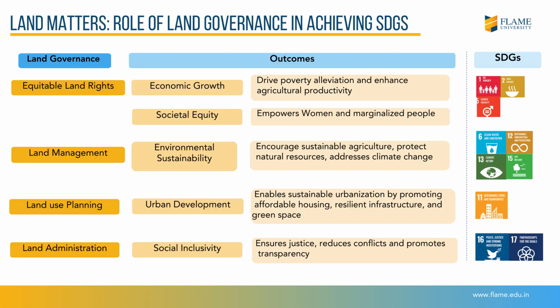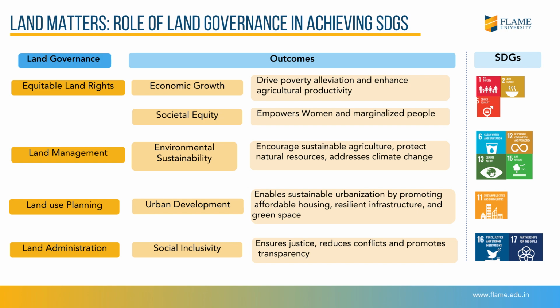For our understanding, let us divide land governance into broader operational components such as land rights, land management, land use planning, and land administration. These components touch upon economic growth, societal equity, environmental sustainability, and urban development, aligning directly with multiple SDG targets. We will try to understand how these components of land governance drive the outcomes and contribute to SDGs.